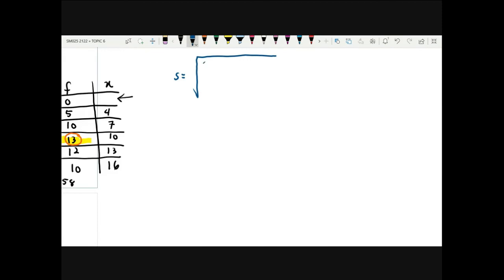So, kita ada 6458 minus with squared of summation fx. So, 536 squared divided by frequency 50. The whole thing divided by frequency minus 1. So, 49. Here, our standard deviation should be 3.58.